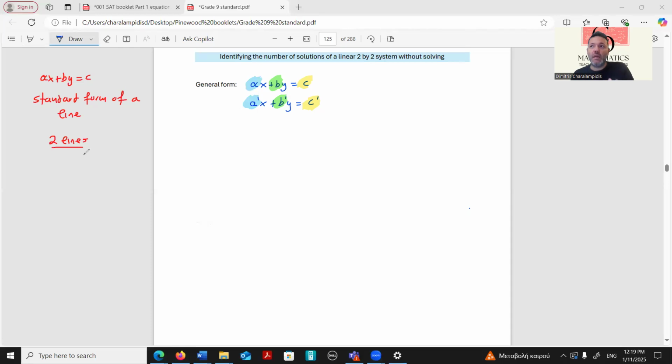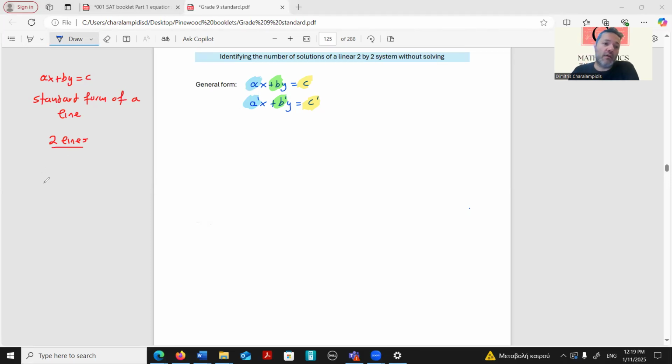Geometrically, that would mean the point that is common to both lines. So when we try to algebraically solve such a system, it's the same as if we try geometrically to find how many common points these two lines have. And this leads us to the thought: in how many ways can we actually put two lines in the same plane, on the same piece of paper?